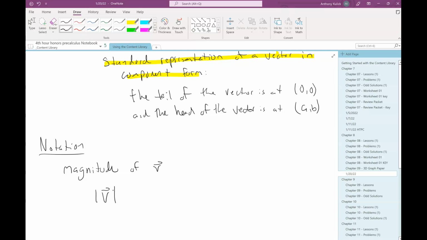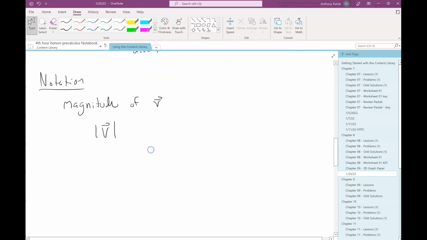Now you'll notice, wait a tick, Mr. Kulik, we've used vertical bars for a different symbol before already, haven't we? Well, sure. In fact, we've used the vertical bars twice already to represent different operations.